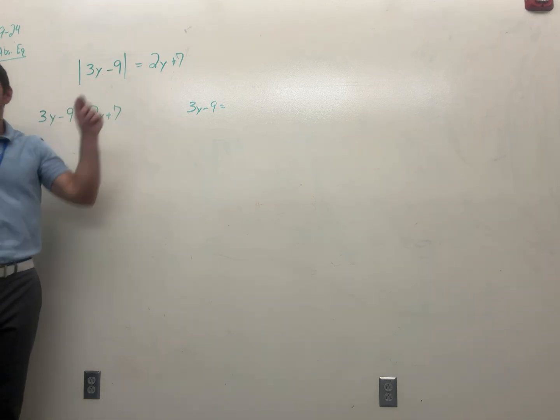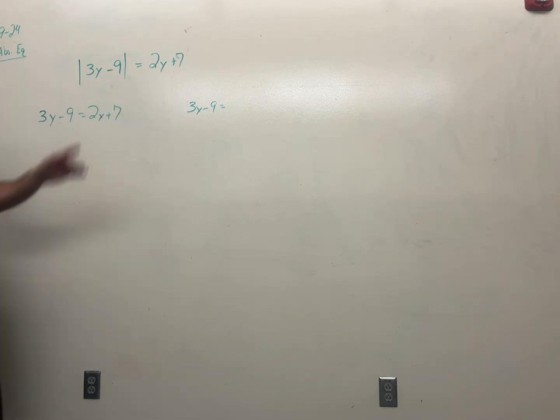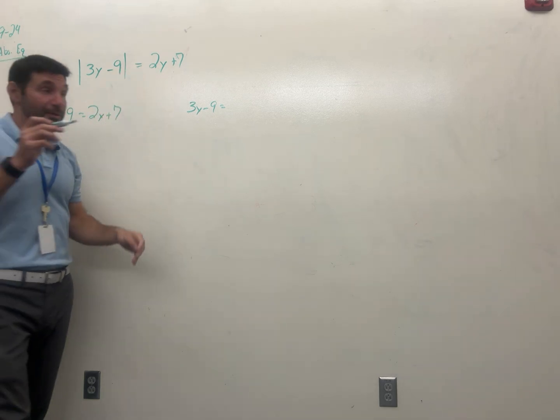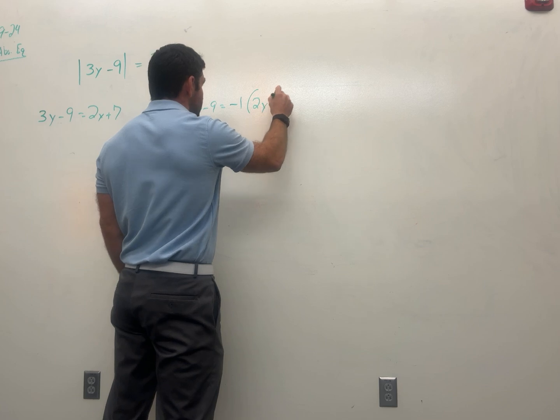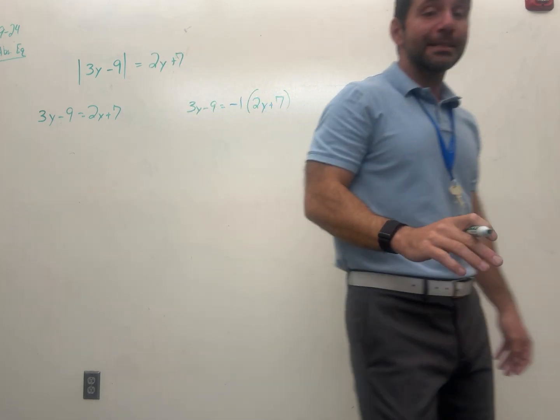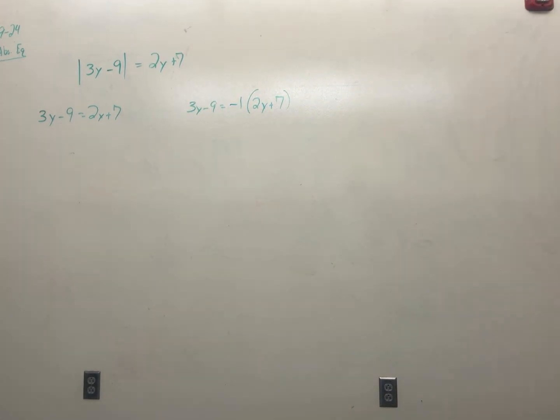So what do I have to do to this side? What's the opposite of this side? I have to multiply the entire thing by a negative. I have to multiply the entire thing by that -1 to prove that it's the opposite. Everybody with me?